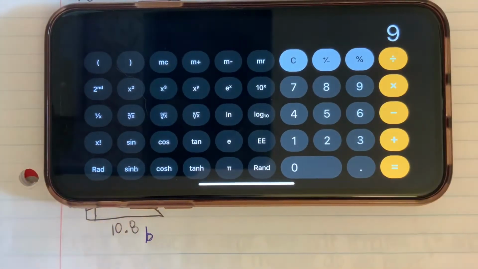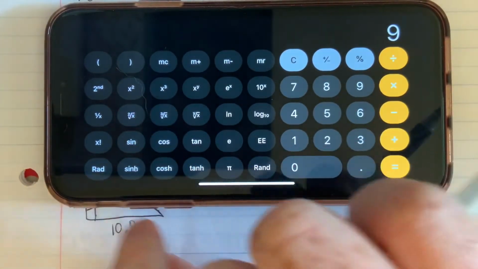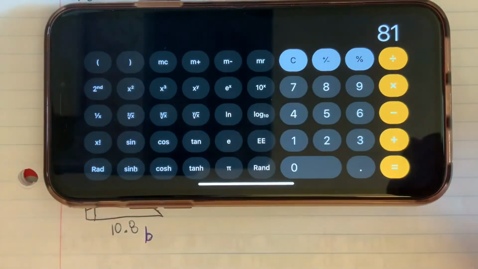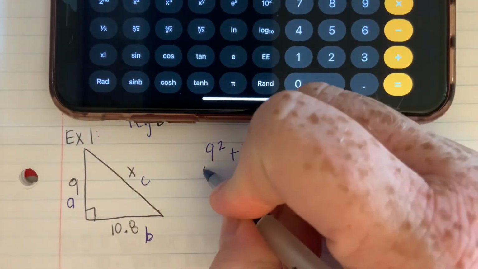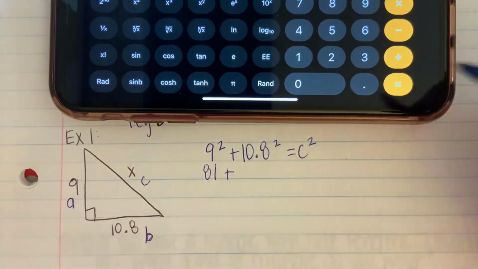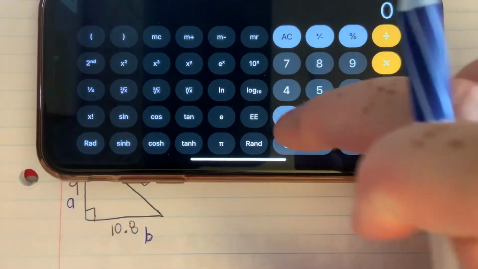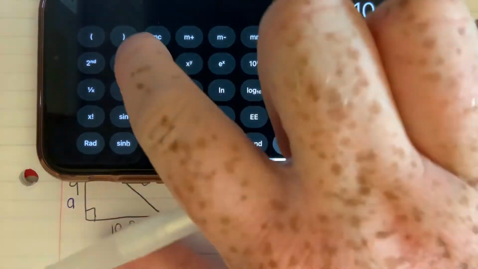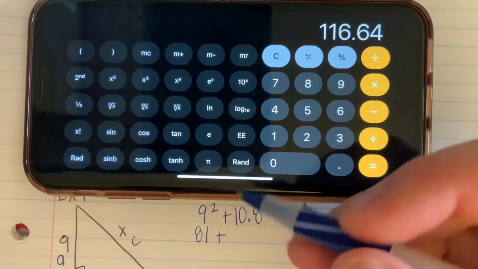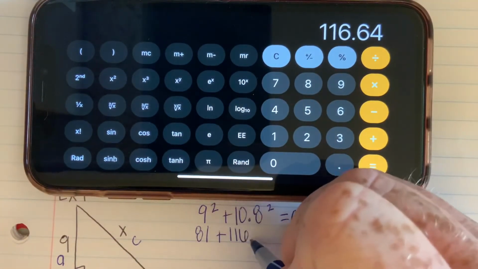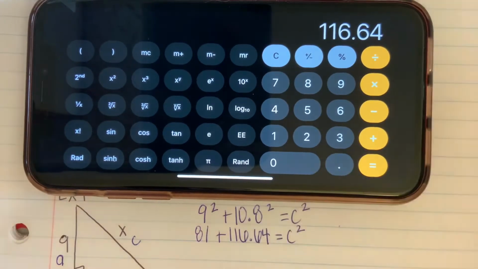So on your iPhones, 9, and then you have to turn your phone sideways if you do squareds, because it's x squareds over here. So 9 squared equals 81, plus 10.8 squared. 10.8, hit that same button, gets me this funny number here. 116.64 equals C squared.